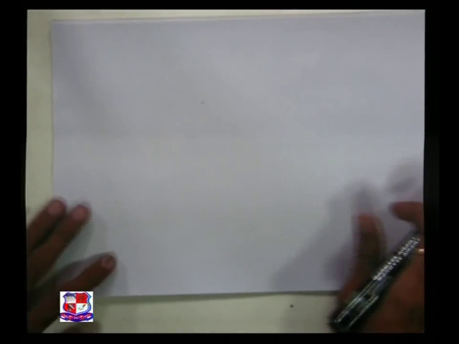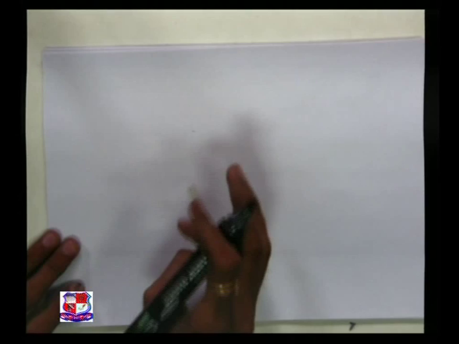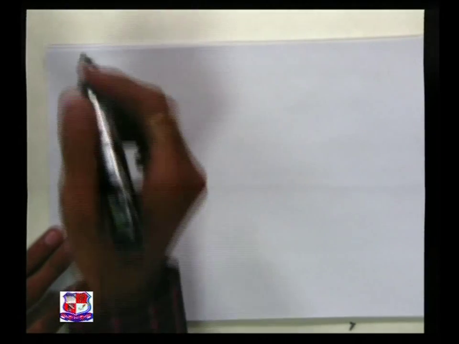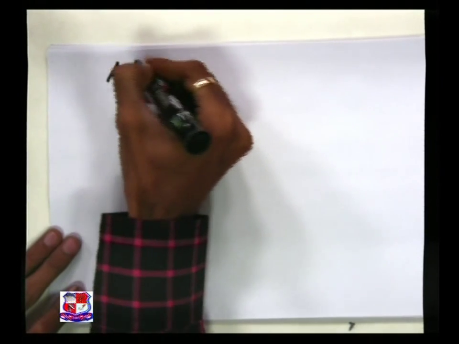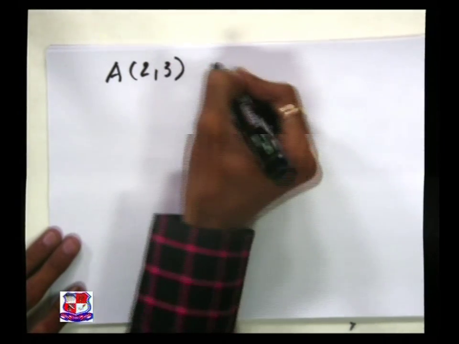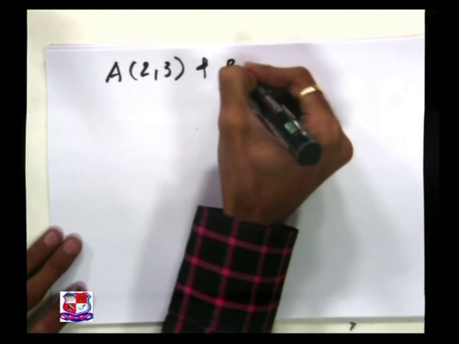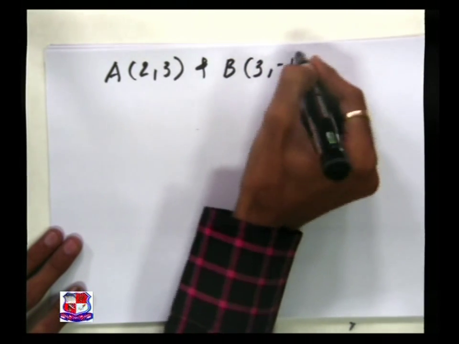So let us look at one example. The question is: find the equation of the line which is passing through the points A (2, 3) and B (3, -1).